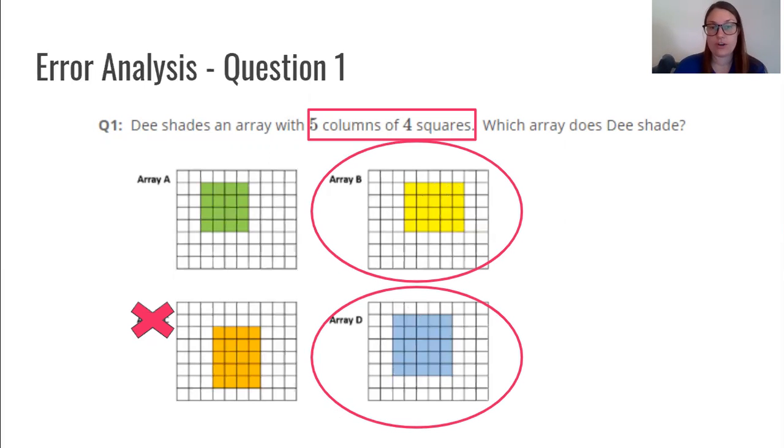But what we're looking for is in each column for there to be 4 squares. So now we have to look at each column and count up the number of squares. So look at array B and look at array D. Which array has 4 squares in each column? Is it B or D?